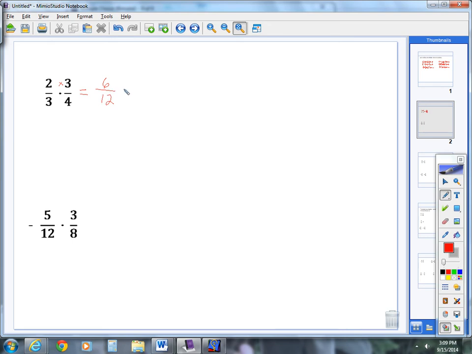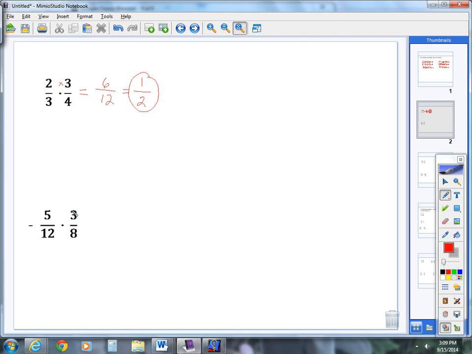And always remember the unwritten rule: reduce, simplify if needed. You will see that the greatest common factor between 6 and 12 is 6. 6 goes into 6 once, and 6 goes into 12 2 times. So that means that 2/3 times 3/4 is 1/2.